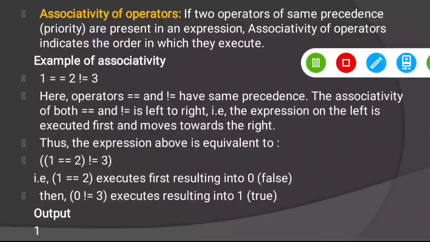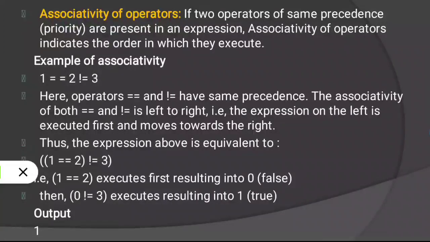Next is associativity of operator. If two operators of same precedence are present in an expression, associativity of operator indicates the order in which they execute. Okay, means if two or more operators of the same group are present.